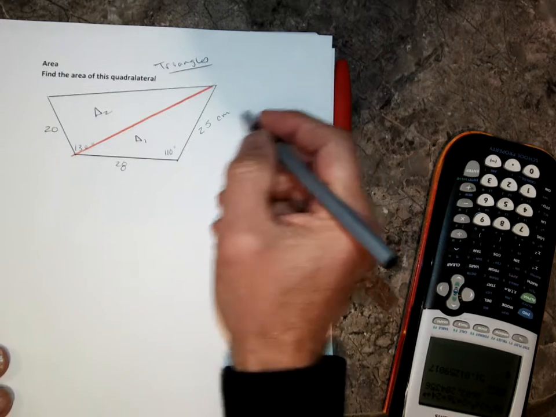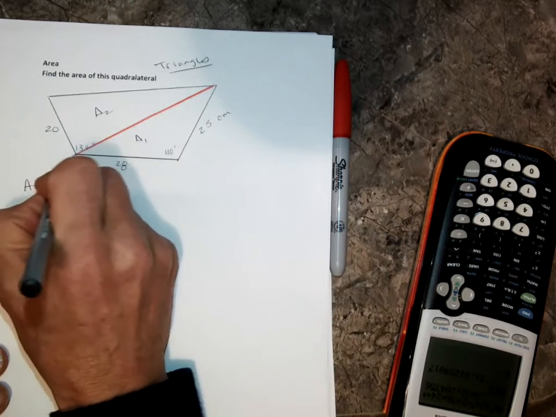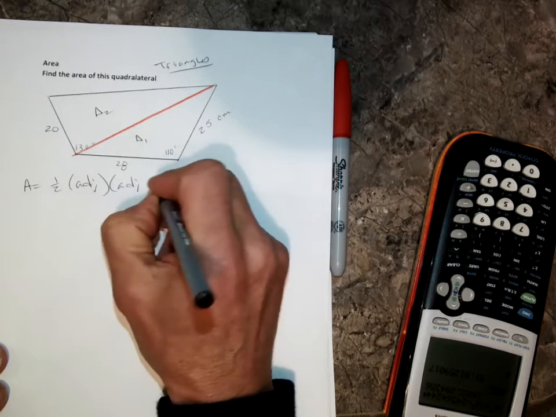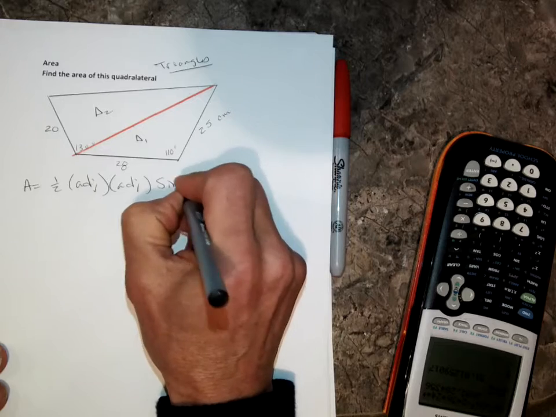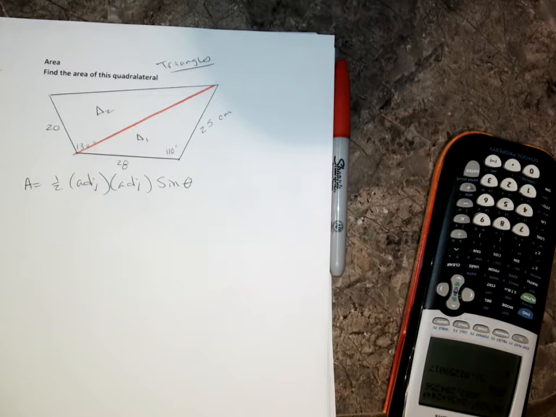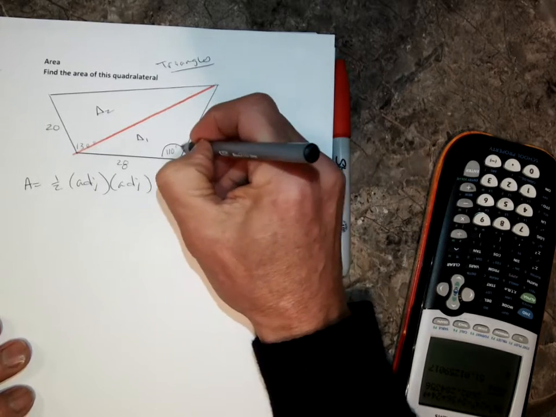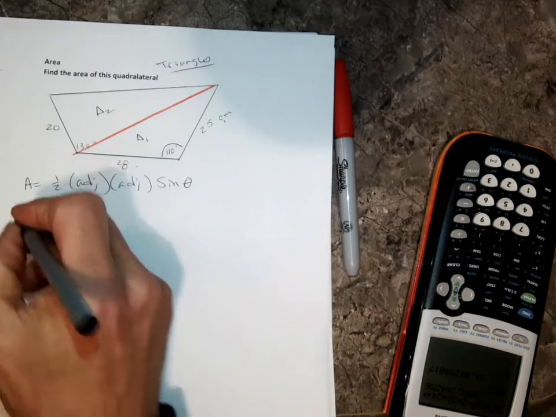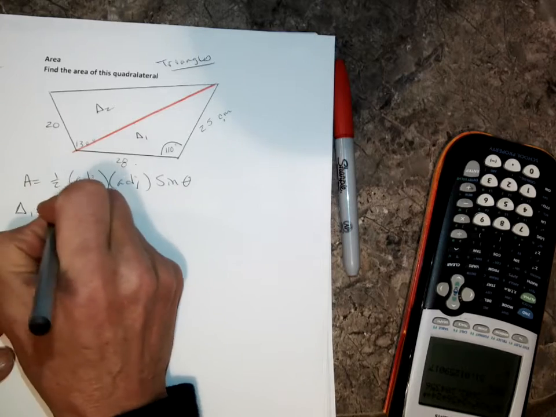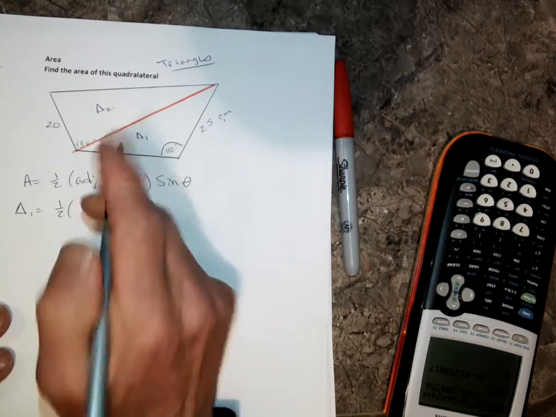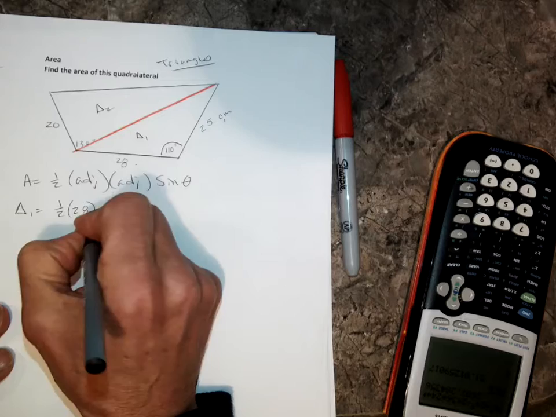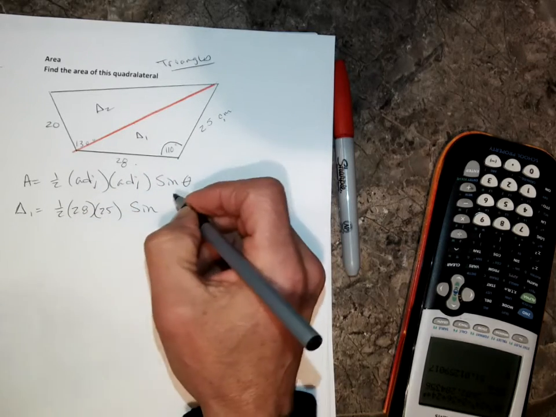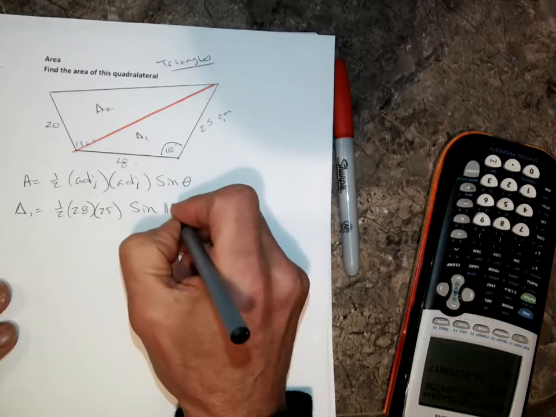All right, area. Let's see. There is an area formula. It's 1/2 my adjacent times my other adjacent times the sine of my angle, right? So triangle 1 should be pretty easy because here's my theta. Here's adjacent 1, adjacent 2. So triangle 1, its area is 1/2 my adjacent, which is 28, times my other adjacent, which is 25, times the sine of 110 degrees.